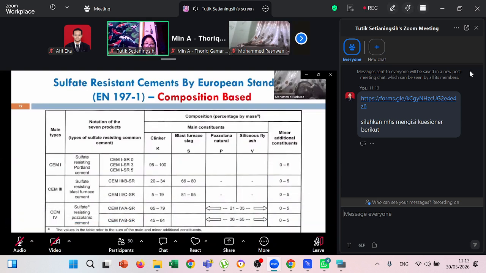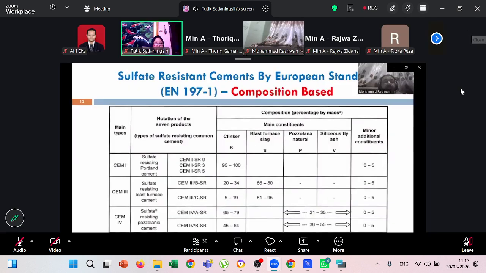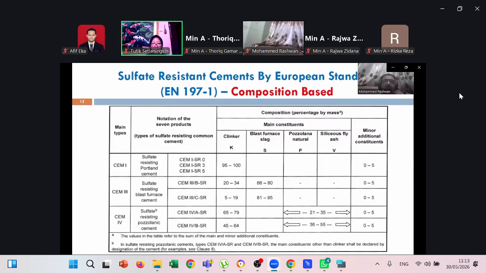Another type of cement by European standard is sulfate-resistant cement, classified according to the percent of the phase C3A, tricalcium aluminate. There are 3 main types of sulfate-resistant cement, with a total of 7 types.